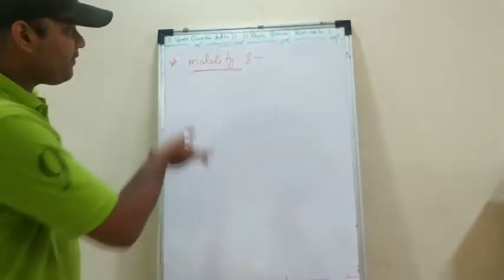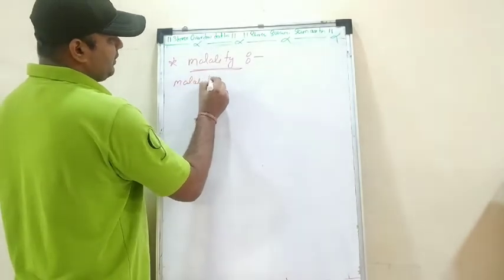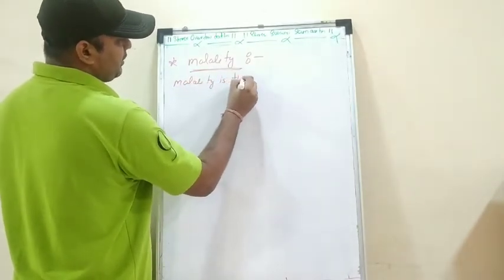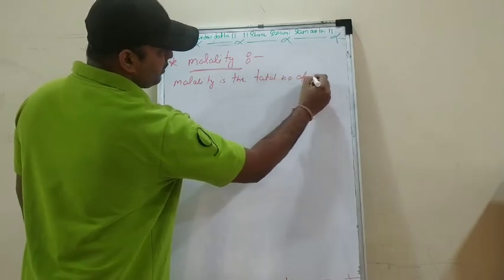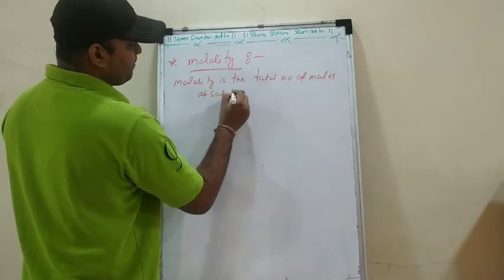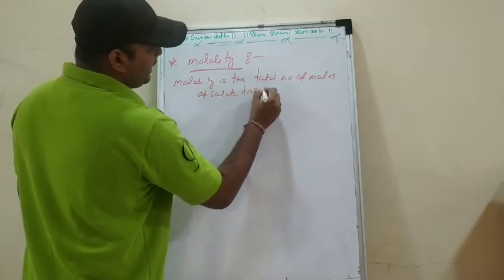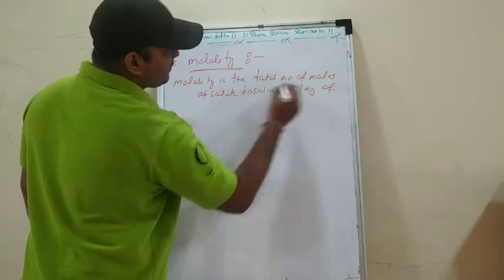Let's see the definition. Molality is the total number of moles of solute dissolved in 1 kg of solvent.